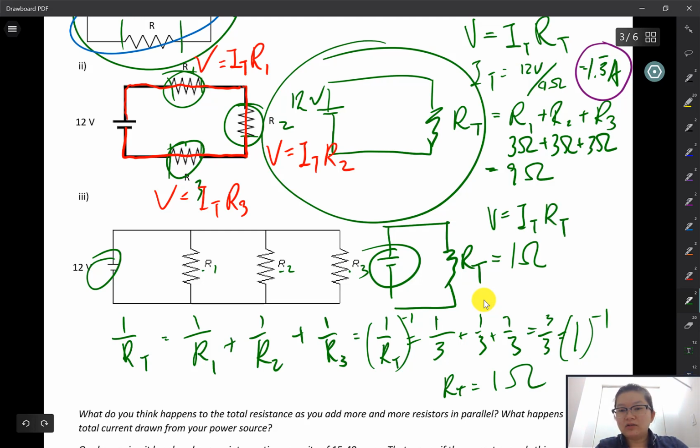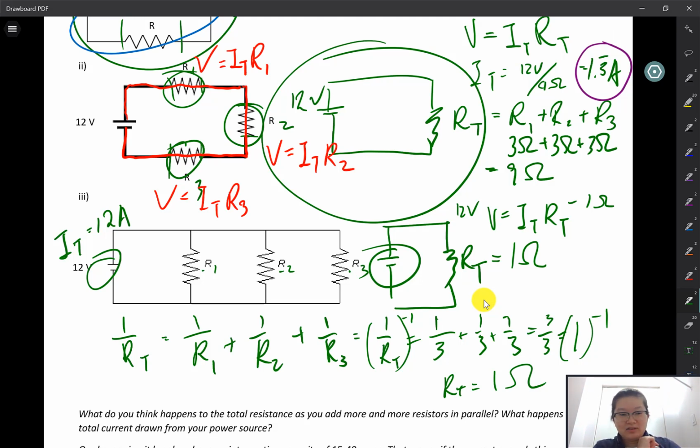Since R total is just 1 ohm and V is 12 volts, the I total, the total current going across this resistor, is going to be 12 amps. That's a big current, to be honest.